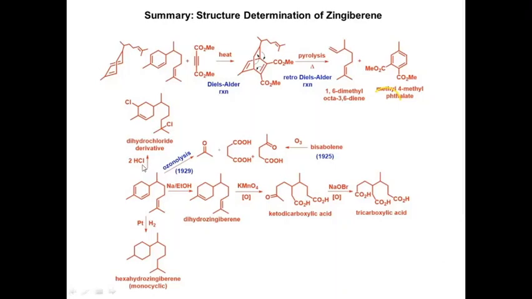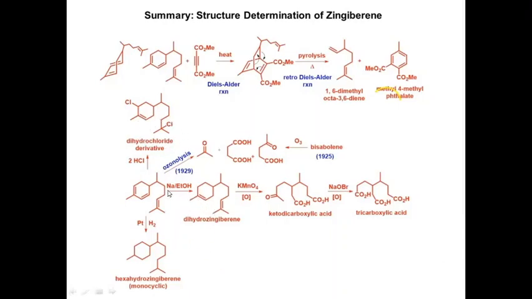Next is the addition of hydrochloride, giving the dihydrochloride. As you can see, 1 HCl has added on the isolated double bond, and 1 molecule undergoes 1,4 addition on the conjugated double bond, resulting in this dihydrochloride derivative.